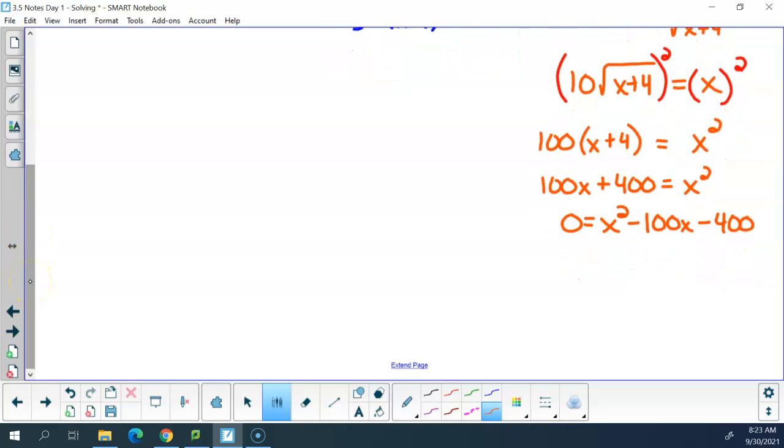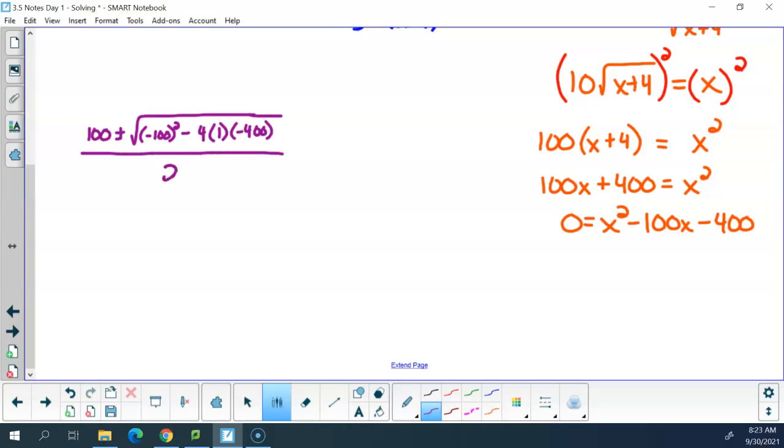So let's go old school. So opposite of b is going to be 100 plus minus square root of 100 squared minus 4 times a, which is 1, times c, which is negative 400, all over 2 times a, which is 2.